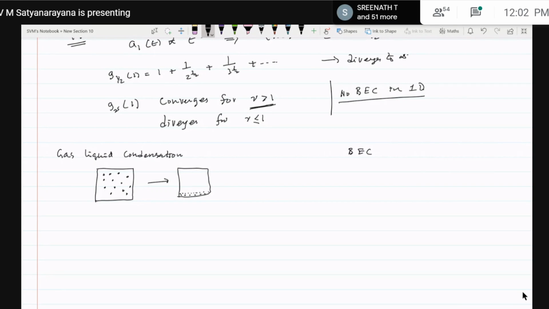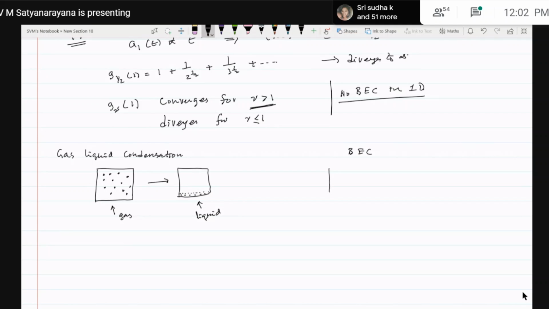The liquid will be here. So this is gas and this is liquid. This is how the gas-liquid condensation happens, because condensation means just grouping together in some small volume, and that happens in the real space.